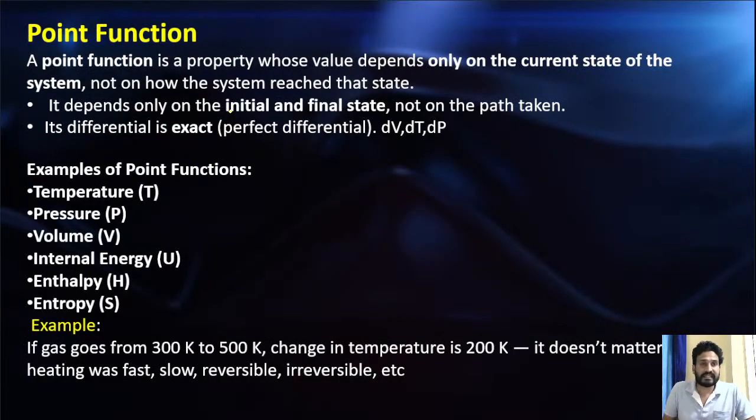So today we will discuss the point function. Please pay attention here, because these small things are very important when we study further, when we study the zeroth law, first law, second law, entropy and all those things, right?